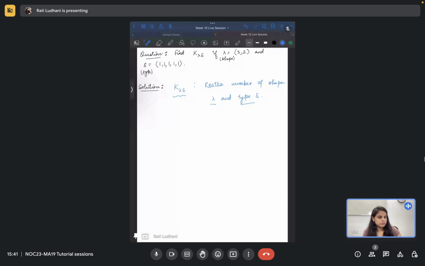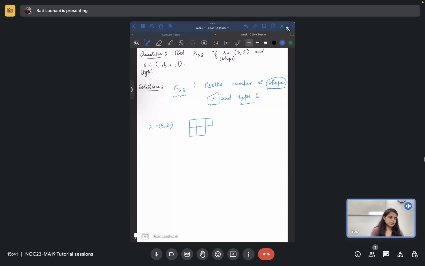Just to recall, if you need to find the Kostka number, the shape defines it. For example, lambda is equal to 3, 2. So this is the shape: 3 blocks and 2 blocks.